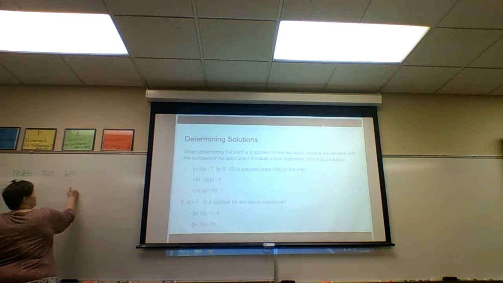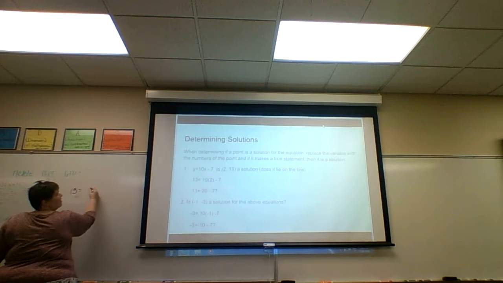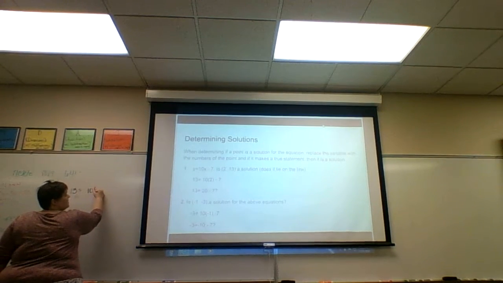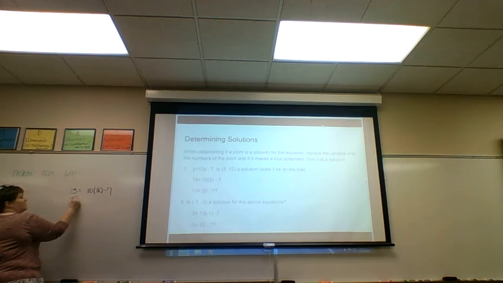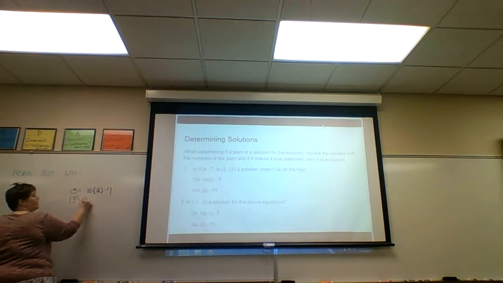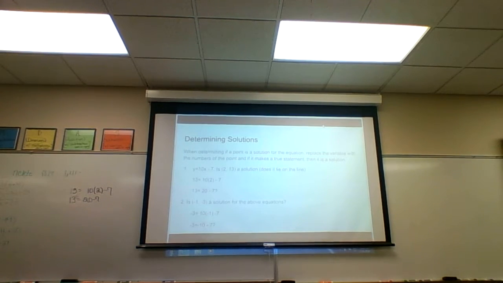Okay, so y is 13, it says 10 times 2 minus 7. Okay, so 13 equals 10 times 2 is 20, minus 7, yes or no? 20 minus 7, is that 13? Yes, it is. So 13 is a solution for that problem. So my answer is just yes.